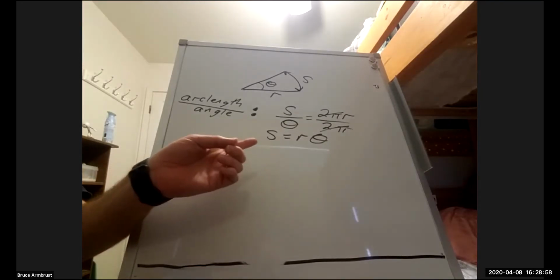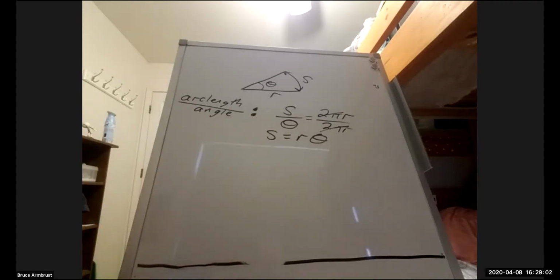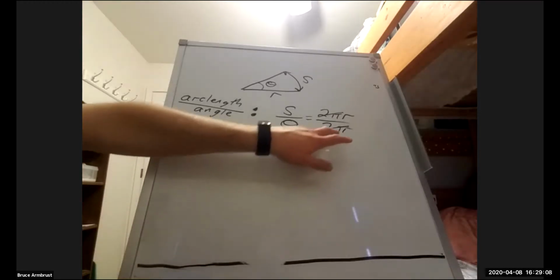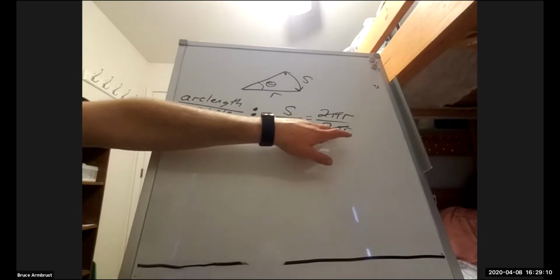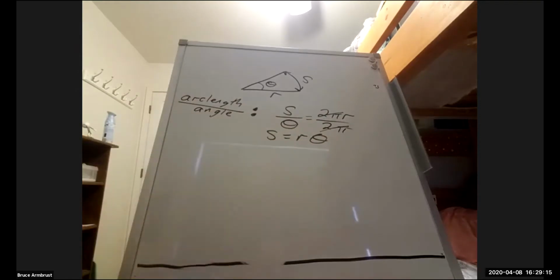I say we because I'm trying to force it on you, but that's one of the reasons why I like radians, and that's because it simplifies these formulas. If we had done this in degrees, we could have done it with 360, but then we would have ended up having S equals pi over 180 times R theta. And ain't nobody got time for that nonsense. So if we're in radians, we get S equals R theta.